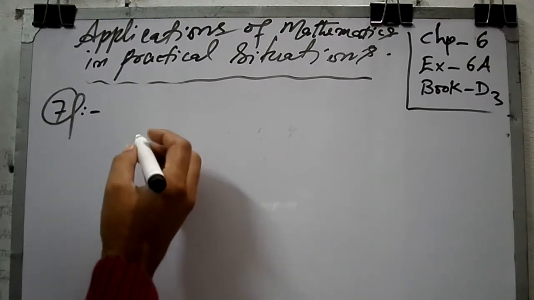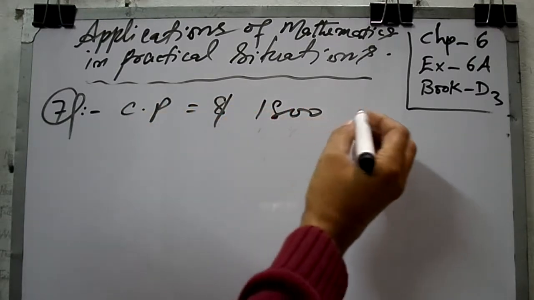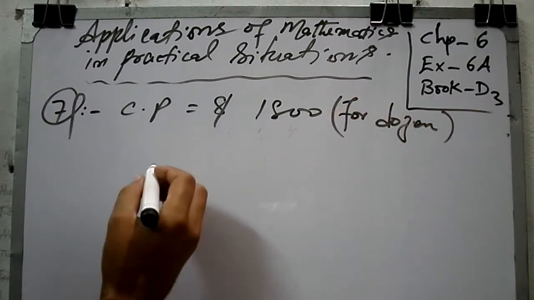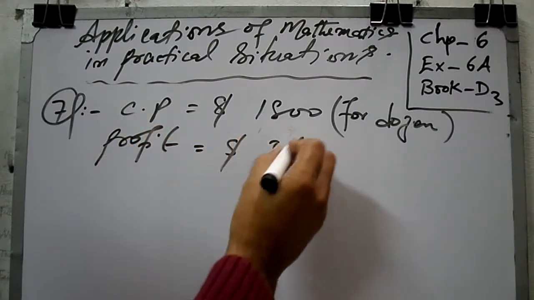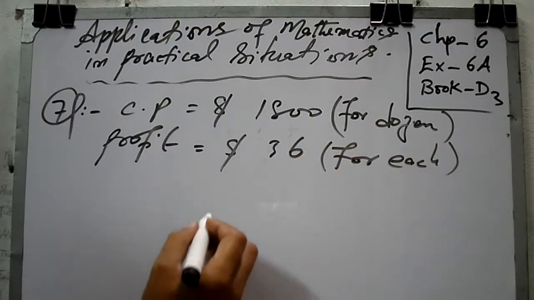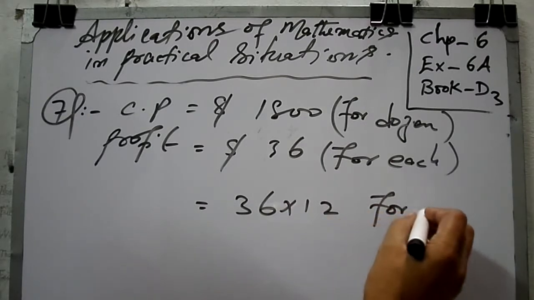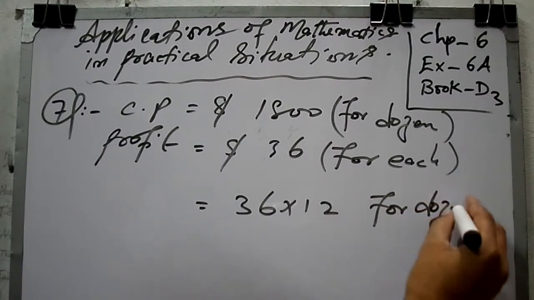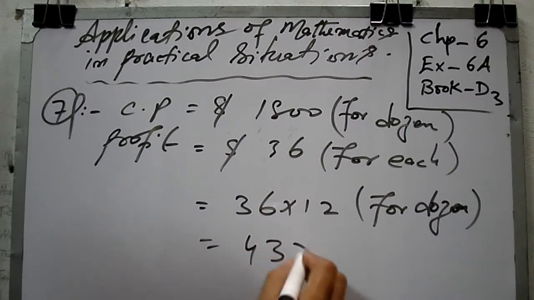Okay, first of all, cost price is equal to $1,800 for a dozen, and profit is $36 for each. So 36 multiplied by 12, we have to calculate for a dozen, so you will get 432.